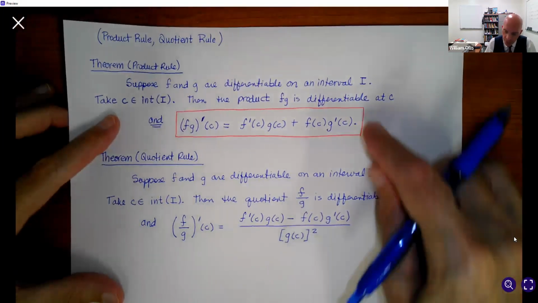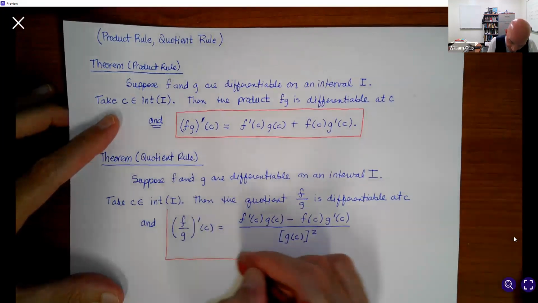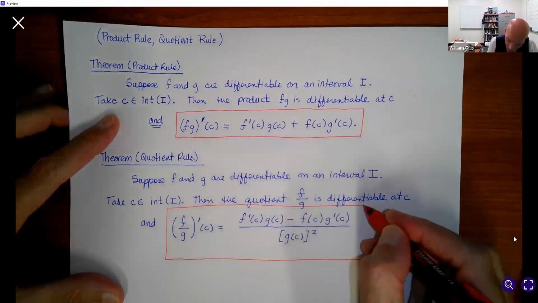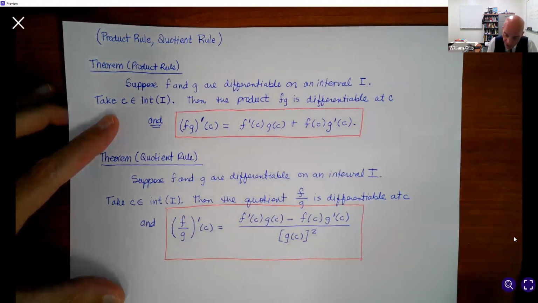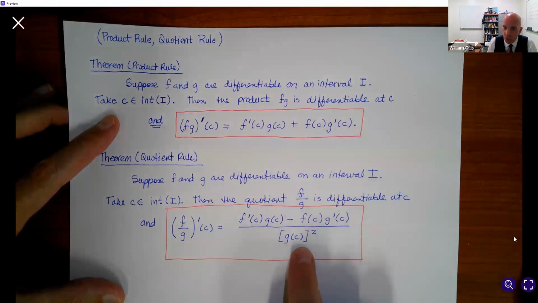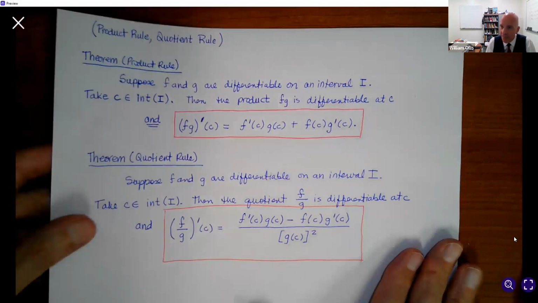So again, if you remember the statement of the product rule, as we have here, it helps you to remember the statement of the quotient rule, but then of course you have the additional factor in the denominator of g squared. So that's a very interesting result, both highly useful and necessary.